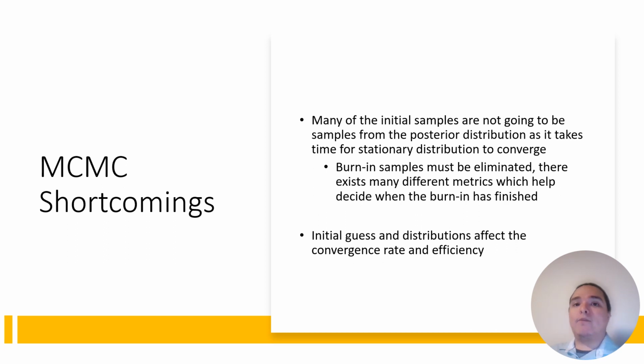And there are many different ways in which you can calculate what that burn in would be, but I'm not going to be covering that here. Just want to let you all know that there are ways in which you can calculate it. And you can also calculate how long it would take you to get to the convergence of that stationary distribution that you're interested in.